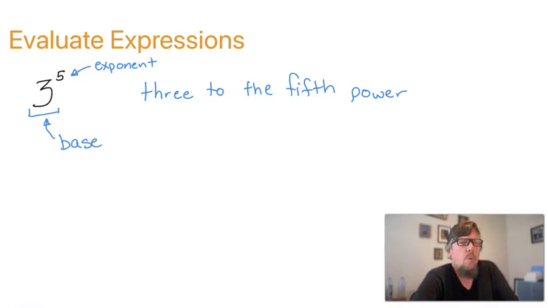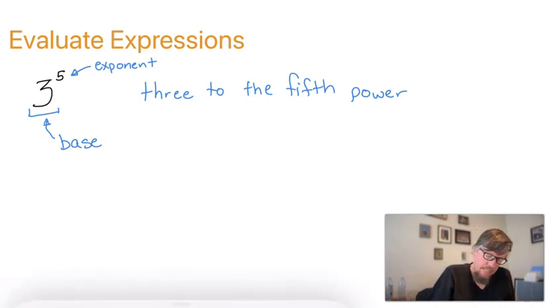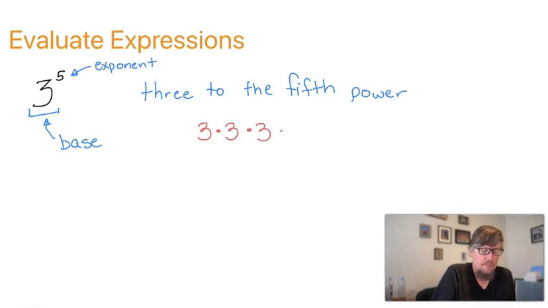Okay, so what is 3 to the 5th power asking us to do? Exponent is a way to take a whole bunch of multiplication and really shrink it down. So 3 to the 5th power means for us to do 3 multiplied by 3 5 times.